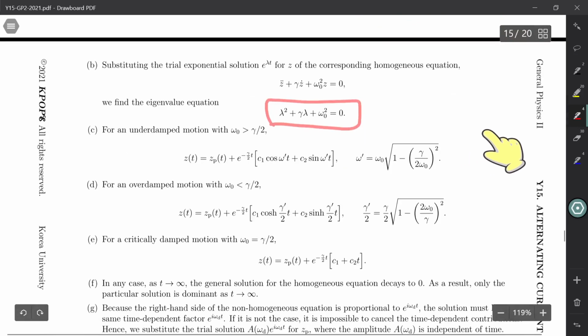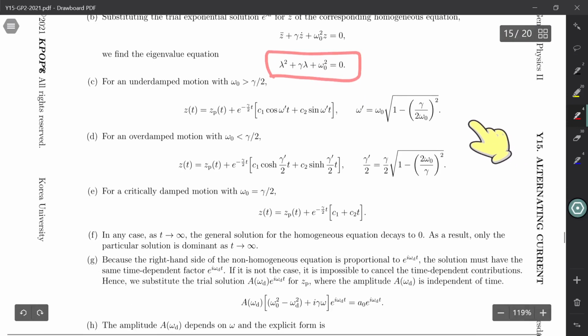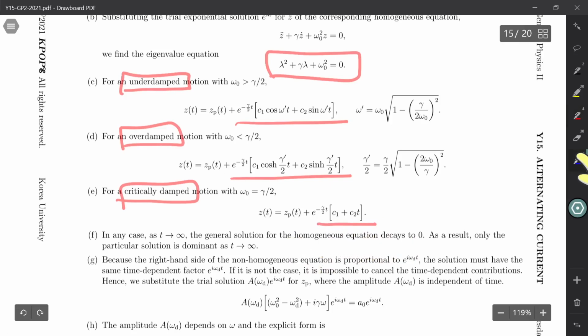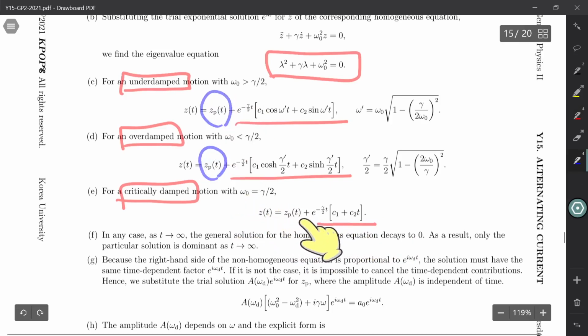We already know that there are three cases: underdamped, overdamped, and critically damped. The only thing we need to consider additionally is the particular solution.